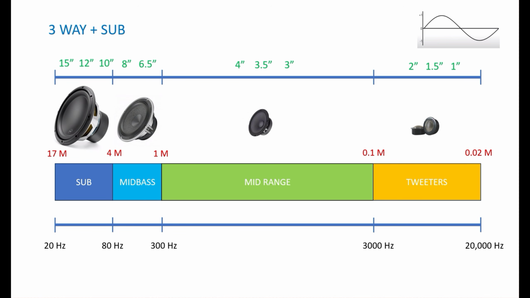Okay, so I just want to talk about different speaker configurations in car audio systems. Take a typical system like a three-way and a sub, so tweeters, mid-range, mid-bass, subwoofer, and they're all playing the intended frequency range that they want to play. Now, I always say that the most important speakers in a car audio system are the mid-bass and the mid-range.